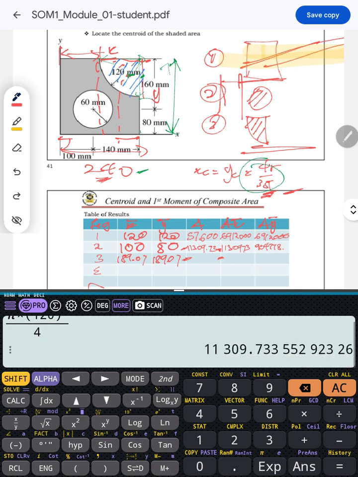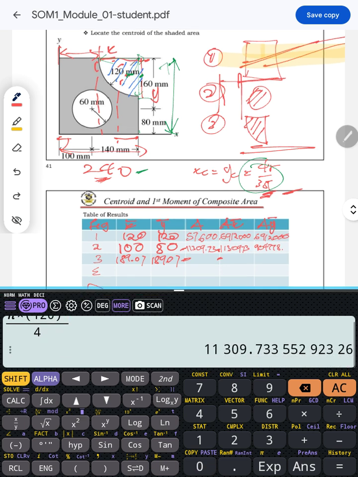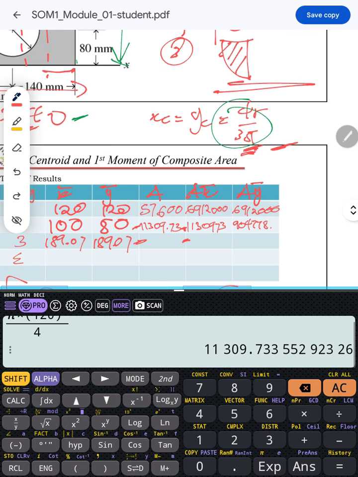So this is what I get. 1130.973. Let's write that. It seems to be the same as this. 1130.973. I want to write this out well.